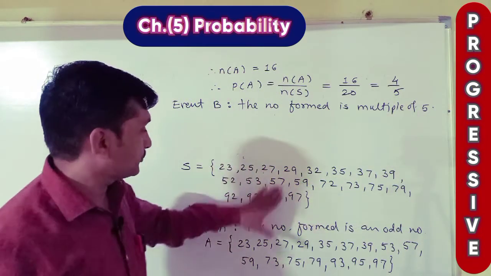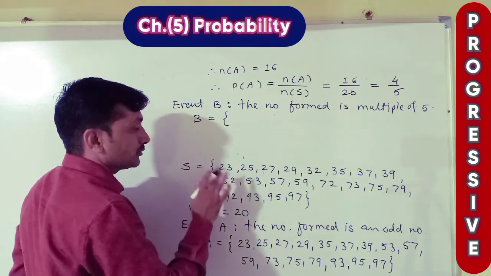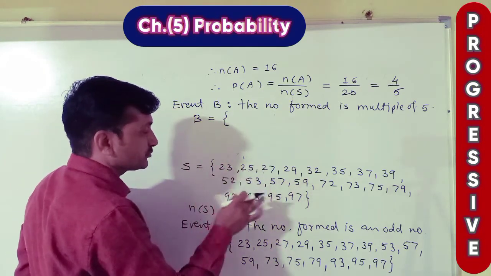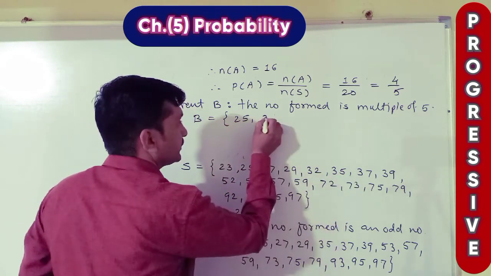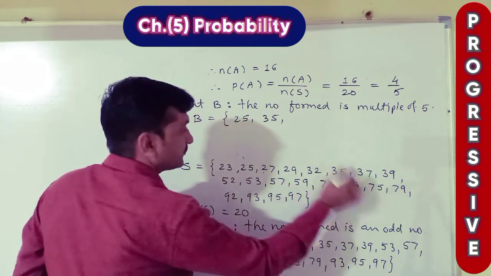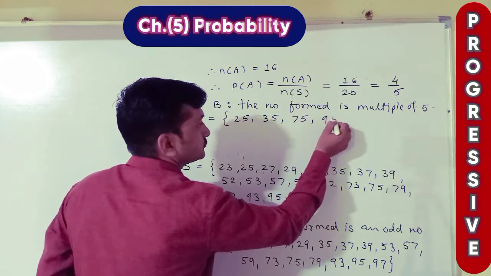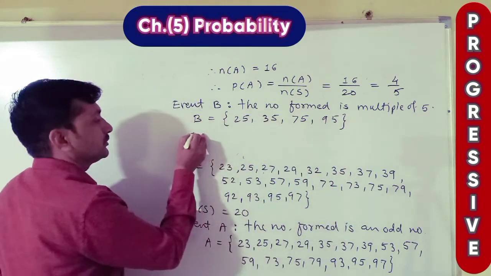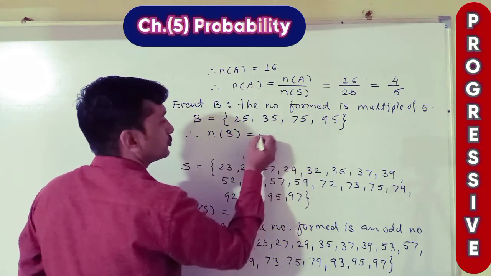Multiple of 5 from this sample space, B is equal to the numbers with 5 at the unit place, that is multiple of 5. 25, 35, 55 is not there, 75, 95. These are multiples of 5. Therefore number of B is equal to 1, 2, 3, 4.